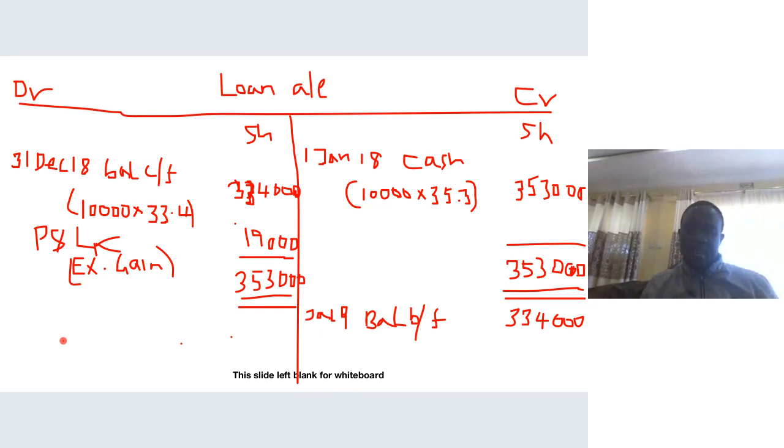on 31st December, we will have a balance carried forward of the 10,000 at the exchange rate at that particular time, which was 34.9. So that is 10,000 times 34.9.